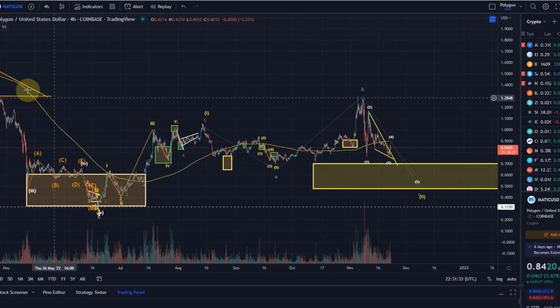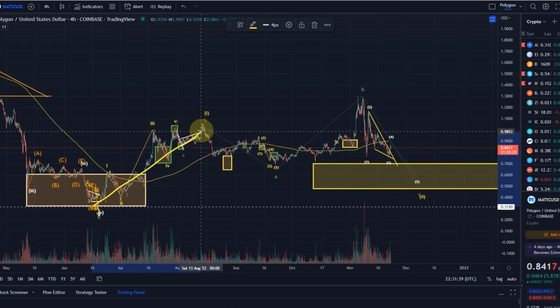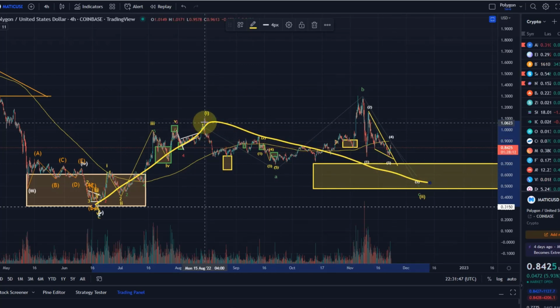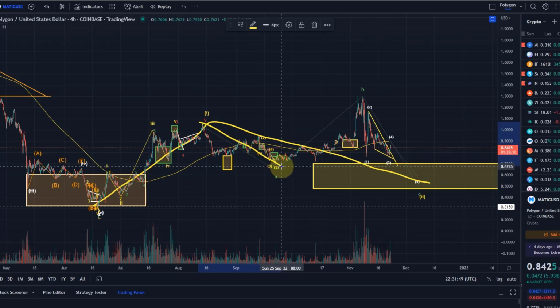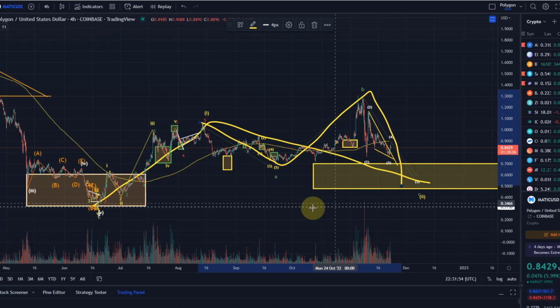And my favorite scenario here is still that all of the move to $1.05 from the June low was a wave 1, and that we are now coming down in a wave 2, and the wave 2 consists of a wave A, an overshooting wave B, and a wave C, which is currently coming down.